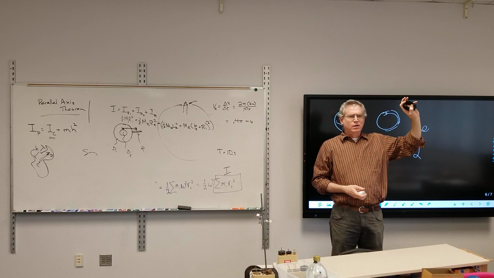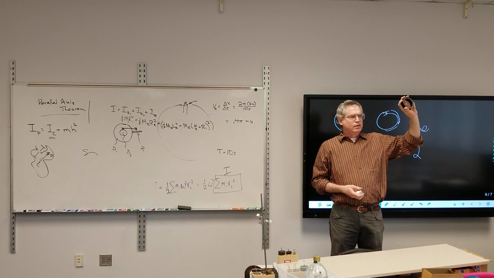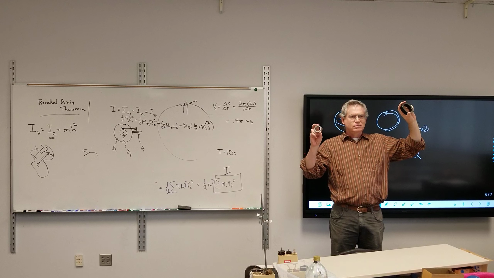Hopefully not lead. So based on your feelings right now, which one will make it down first? I feel like the black one, because it's a denser material, greater mass, heavier.